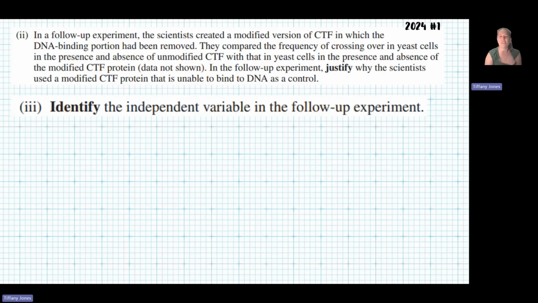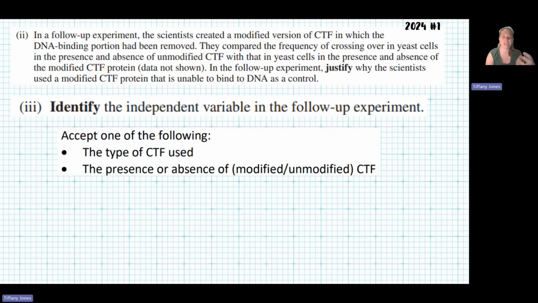Well, in this case, what are they changing? They're changing whether we've got that CTF in there. Okay, so we're looking at the type of CTF. Was it the modified or unmodified? Or we're looking for the presence or the absence of the modified or unmodified CTF. So this is what they are changing in the experiment. So that would be our independent variable.